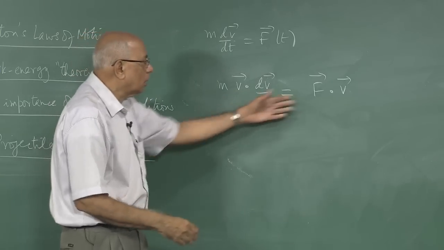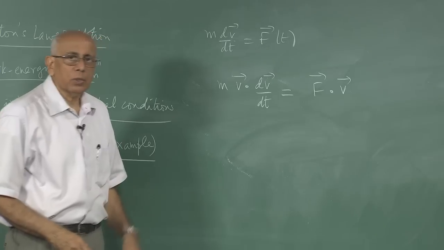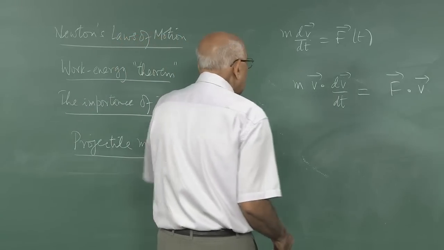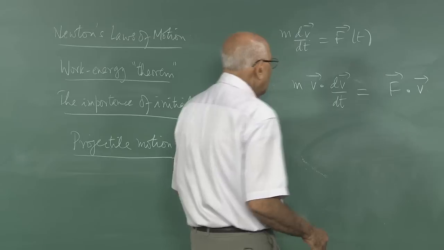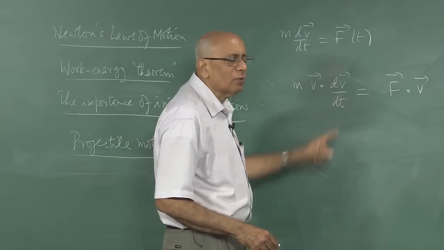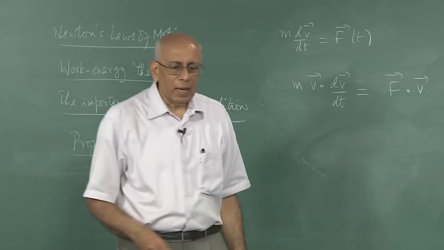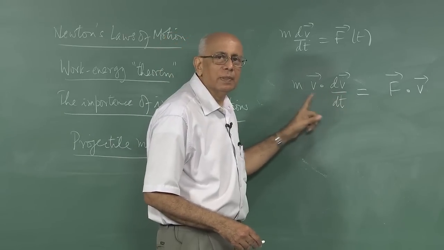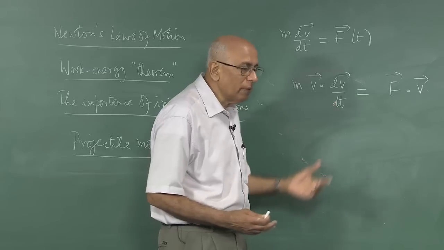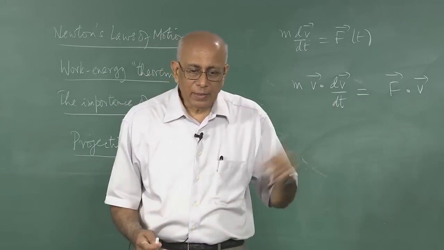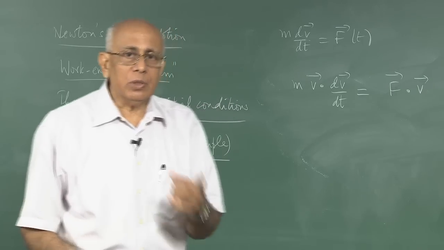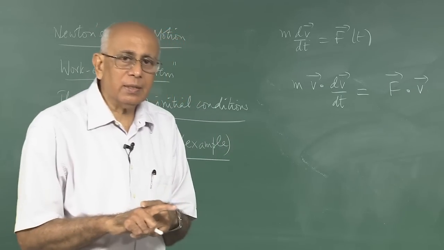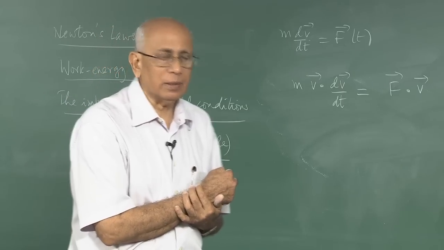Suppressing the t dependence in all these quantities, this is what this looks like after I take a dot product on both sides. Now what is this trying to tell you? You have a vector dotted with the rate of change of that same vector, and there is no reason to imagine that this is normal to that or parallel to that. These two could be in very different directions. We already saw that in the case of motion in a circle, where there was both a tangential acceleration as well as a radial acceleration.